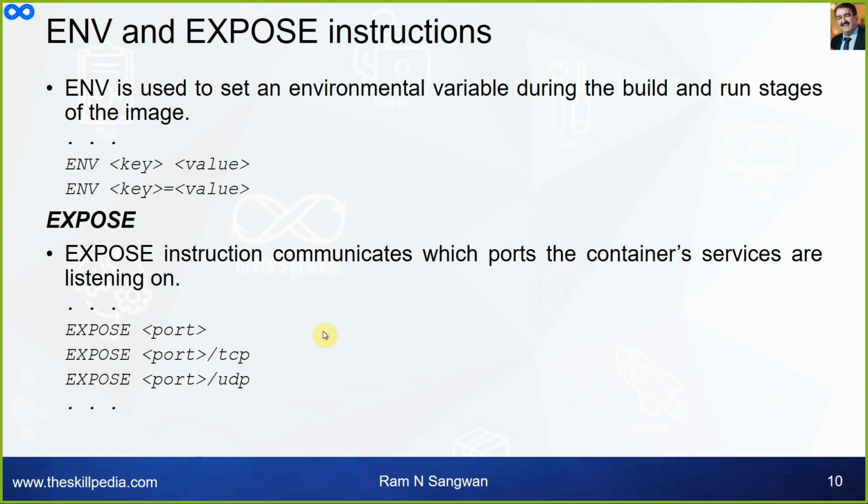ENV and EXPOSE instructions. ENV is used to set environment variables. What is the use case of an environment variable? Think of a MySQL or WordPress website. I want to create a WordPress web server where I need to specify the user ID for my WordPress admin user and the password, or the MySQL port number, or the user ID or the password. Those are values which you want to pass at runtime to the container.